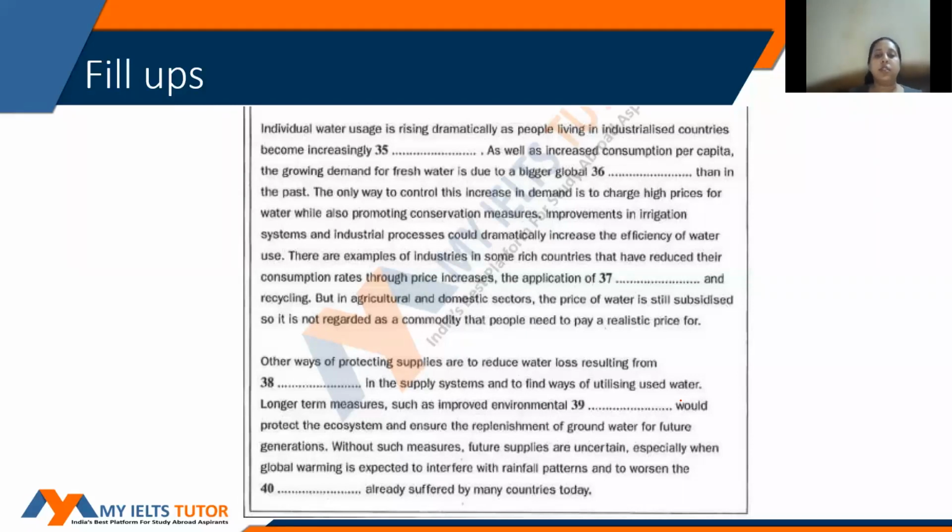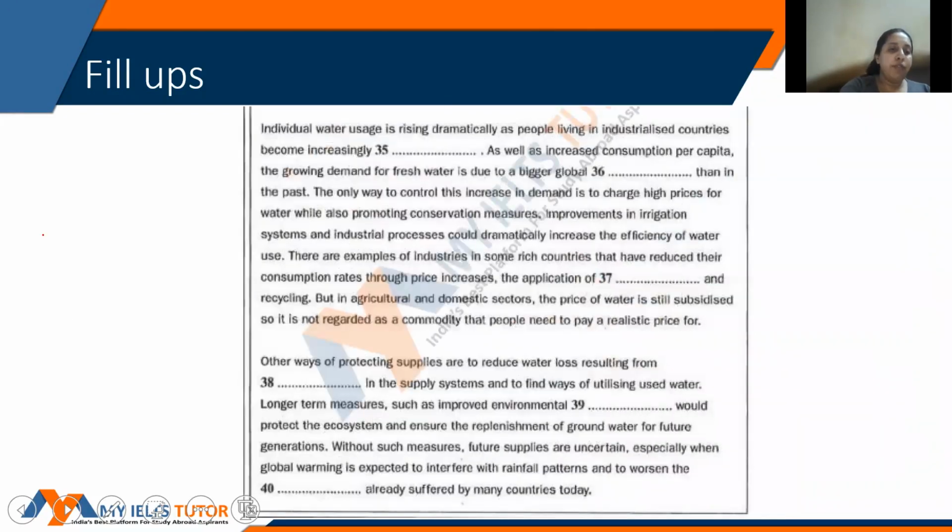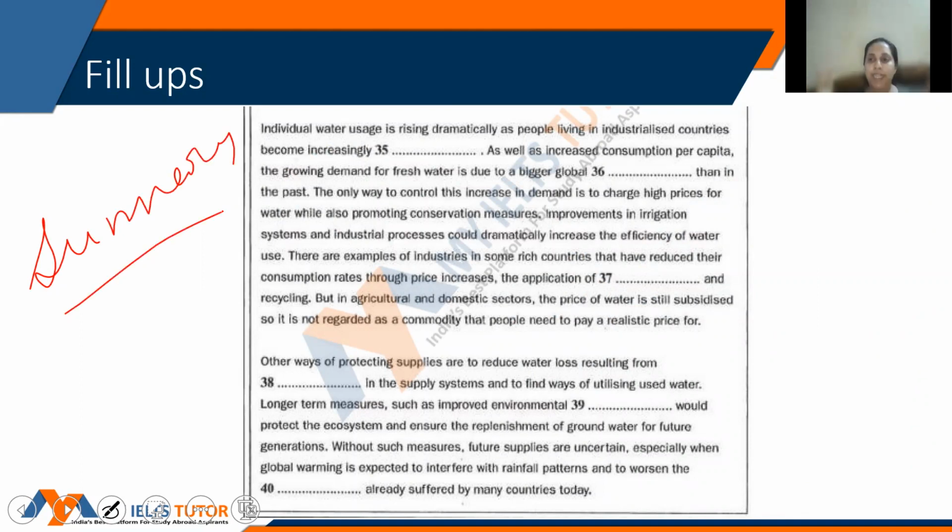Now this is a summary. Summary is basically when answers are scattered in the overall passage. It is a complete summary of the overall passage, so all the information will be clubbed.